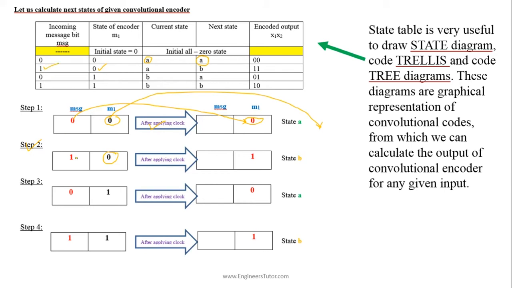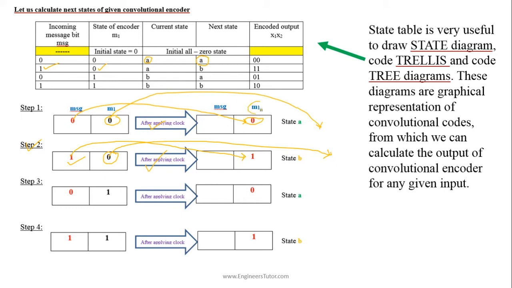In the second step, we assume the initial state is 0 and the incoming bit is 1. These are the contents of the shift register. Then the state will change after applying the clock. This 0 will be discarded and this 1 will come to the M1 place.